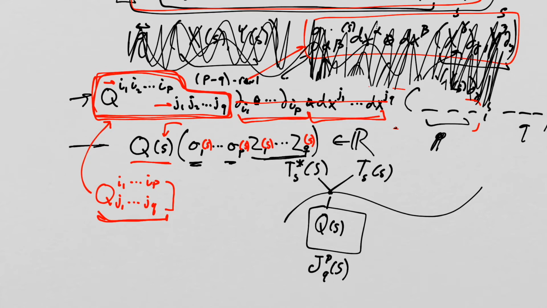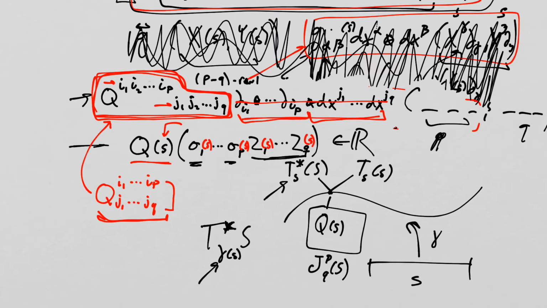Now, I've already kind of slipped. This has got to be T star gamma of S, because the subscript on these spaces should be a point in the manifold. And remember, S is not literally a point in the manifold. S is a value of some parameter that gets mapped through gamma onto the manifold.